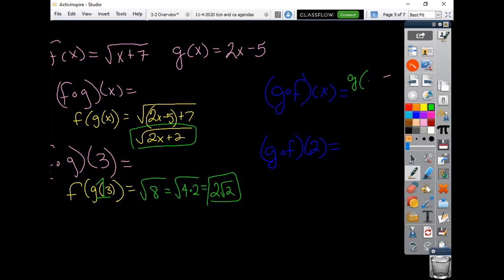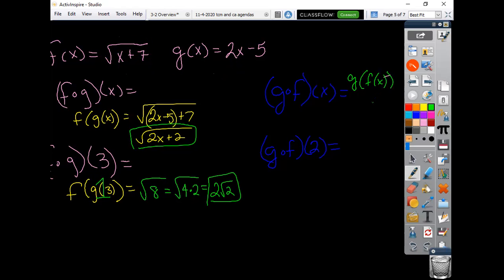So I'm going to go g of f of x. Take your f formula right here and put it into g in place of the x right there. So it's going to be 2, and then this whole square root of x plus 7, and then minus 5.